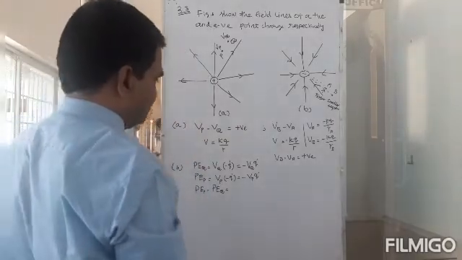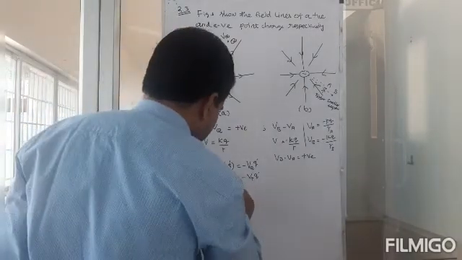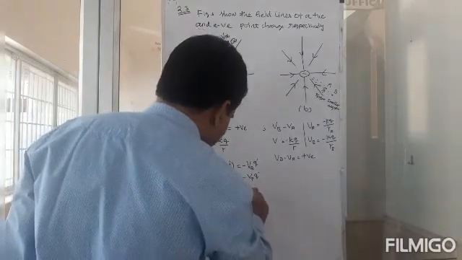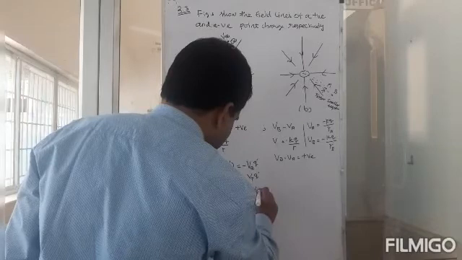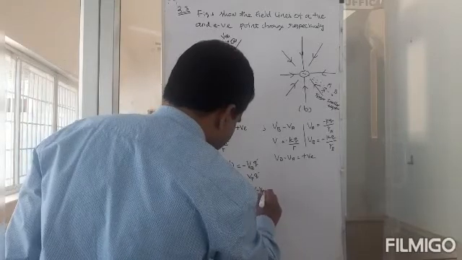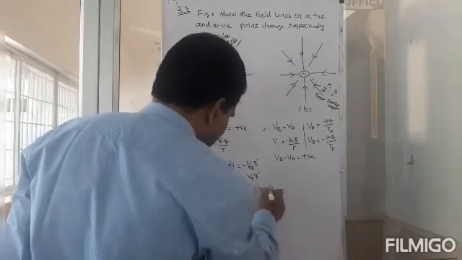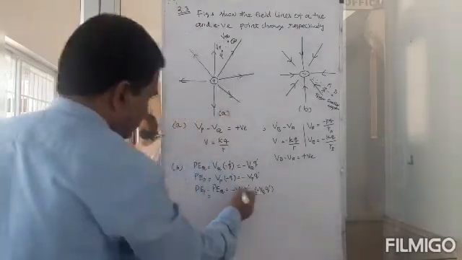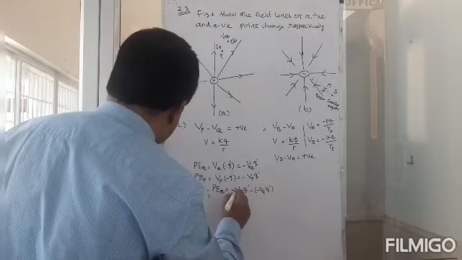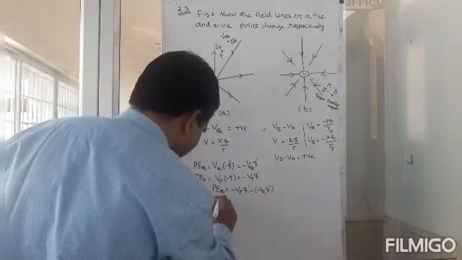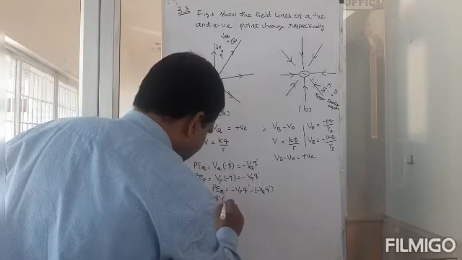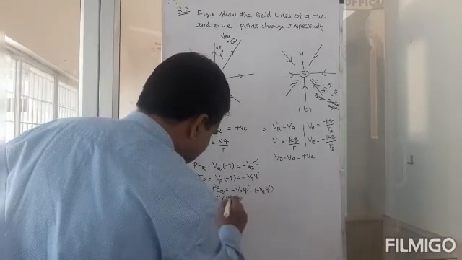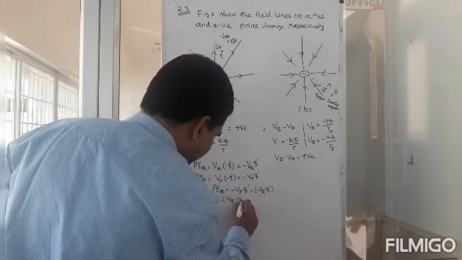What is it going to give me now? It is minus VP Q dash, then minus of minus VQ Q dash. So if I do that, I can take Q dash out, multiplied by VQ minus VP.